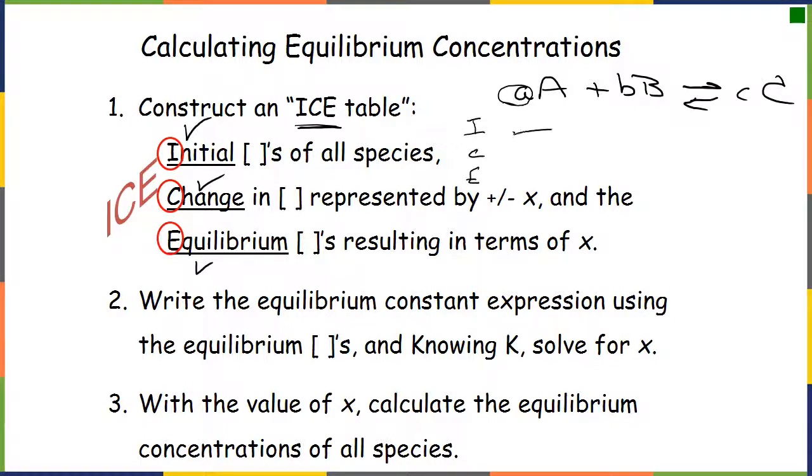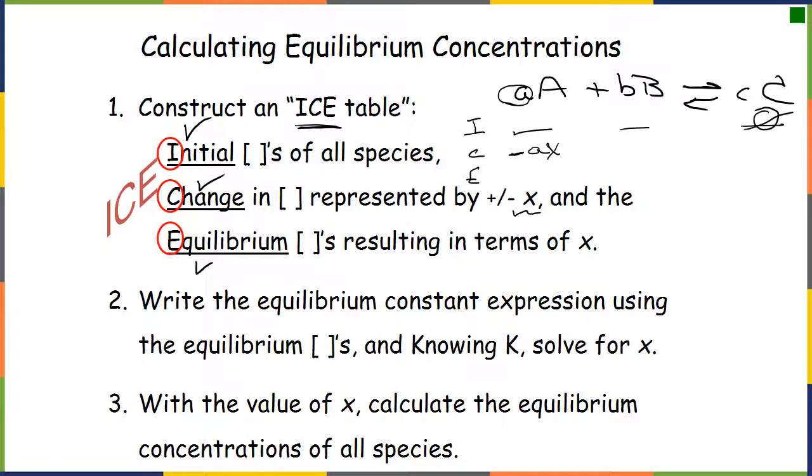So if we have an initial amount of these, we know that our A is going to go down by some value of minus a. And again, this is going to assume zero products. If we have an unknown amount, it would be minus ax.